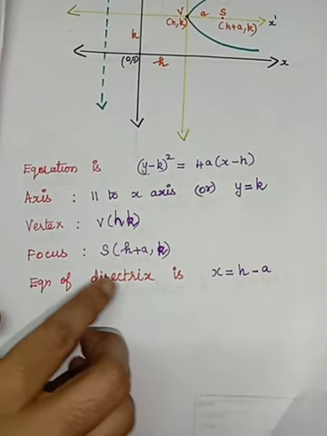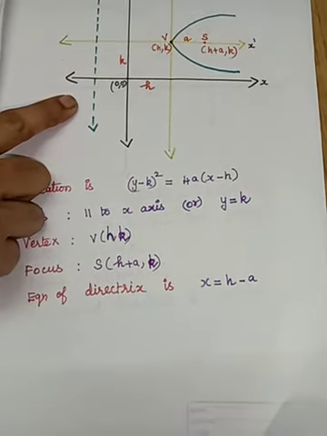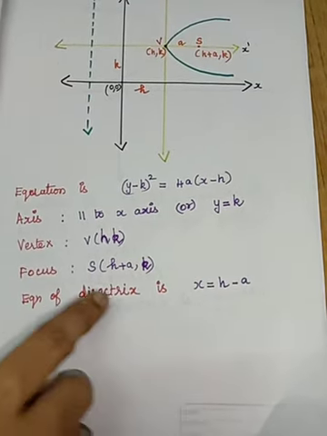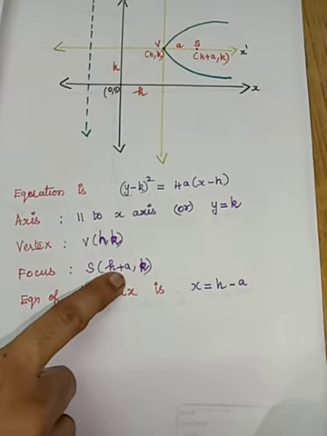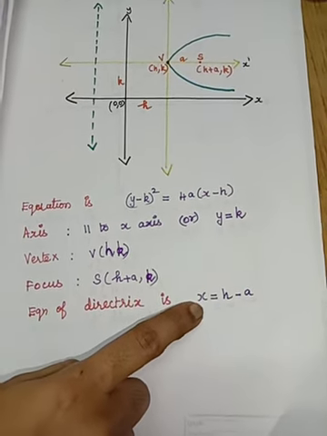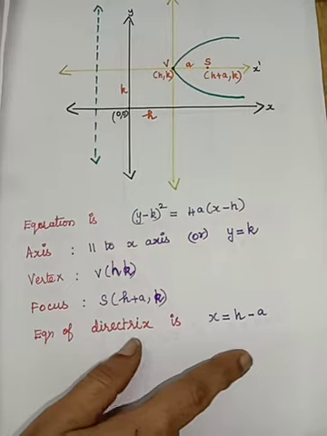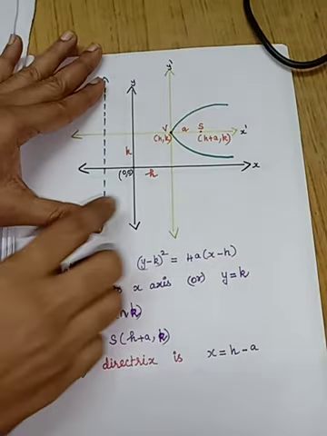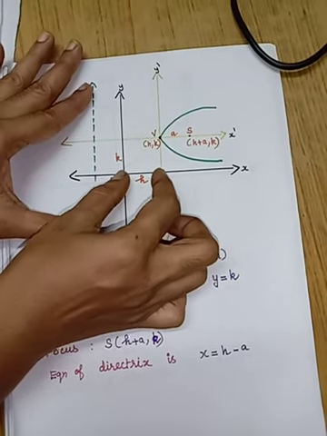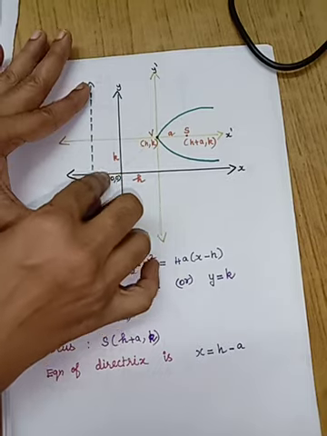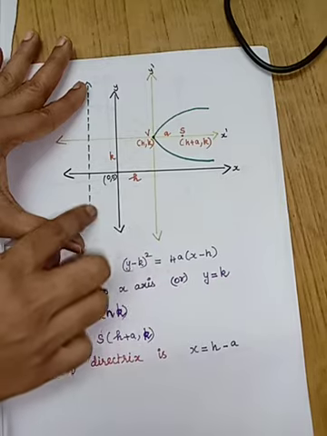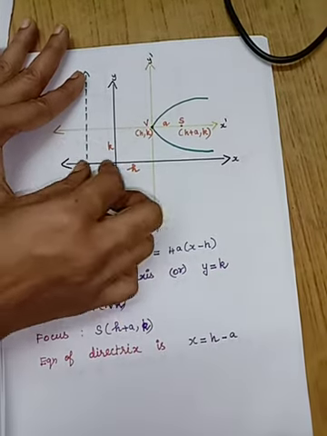The equation of the directrix is just the opposite, so it becomes x is equal to h minus a. The focus is h plus a in the x value. The directrix is a line, so we can write it as x is equal to h minus a. This distance is h and this distance is a, but the directrix is on the negative side, so it becomes x is equal to h minus a.